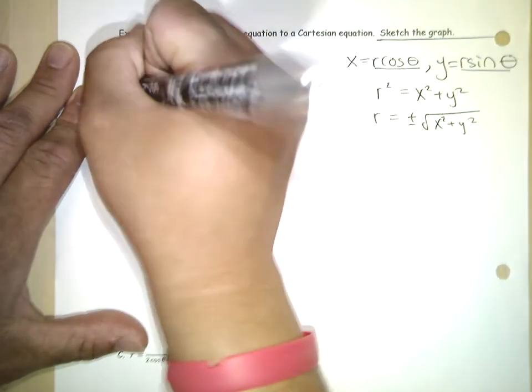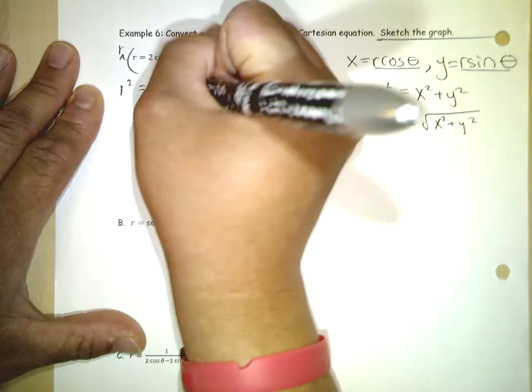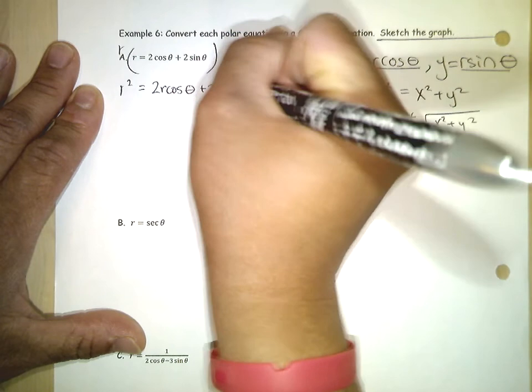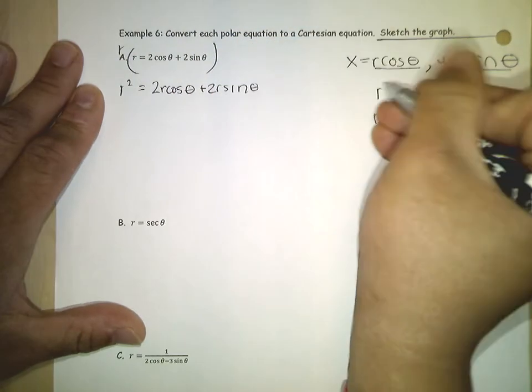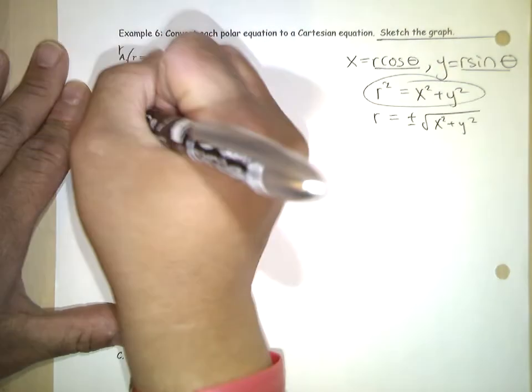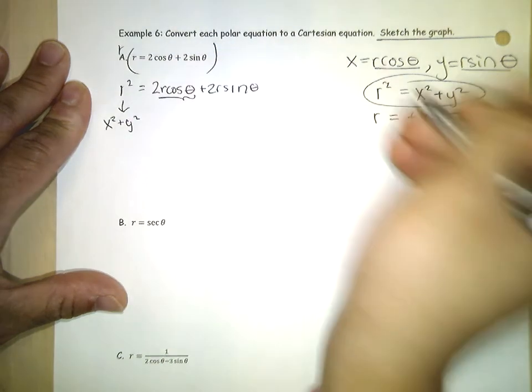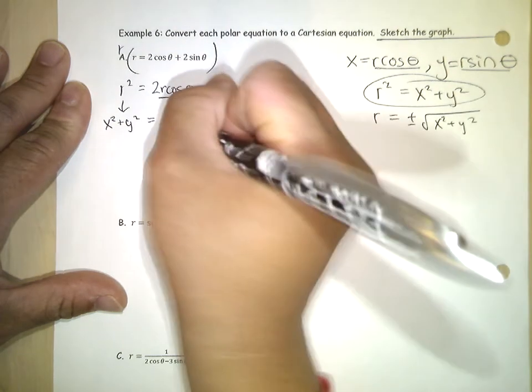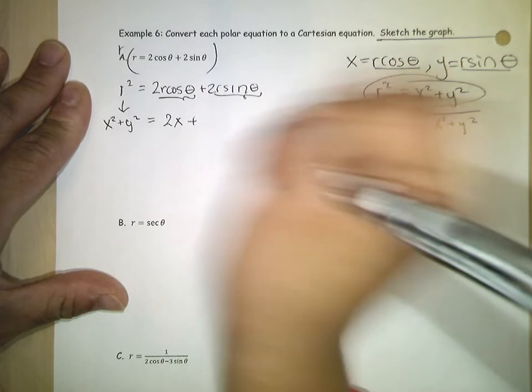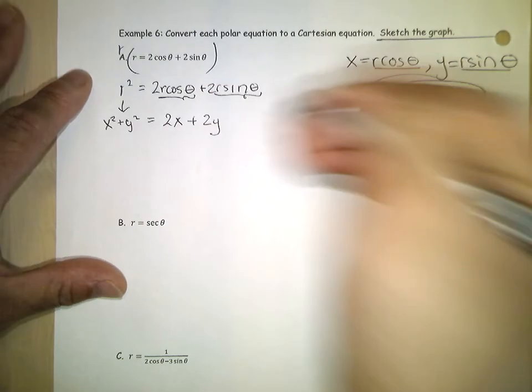So I'm just going to multiply each side by r. So r squared is 2r cosine of theta plus 2r sine of theta. Now r squared is x squared plus y squared, and r cosine of theta is x, so that's 2x. R sine of theta is y, so that's 2y.